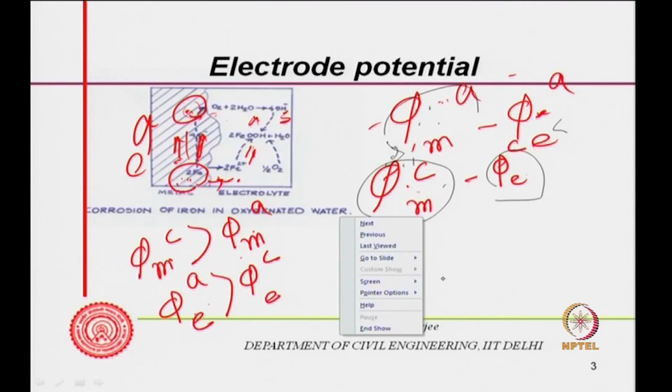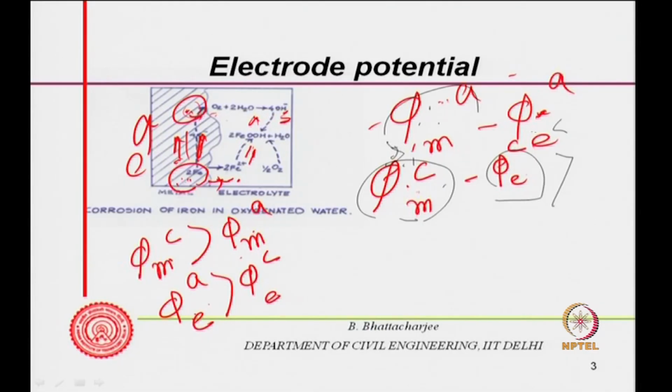So, in other words, what I can say is that phi m c minus phi E c will be greater than phi m a minus phi E a. The difference in potential at the anode between the metal and the electrolyte will be less than that in the cathode.